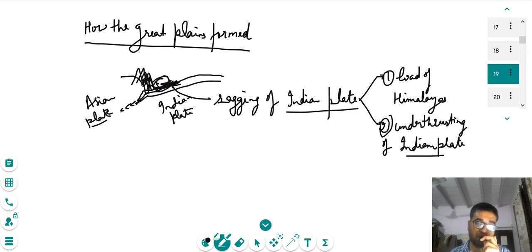Now what happened? The basin was filled by sediments, but the filling of the sediments into this basin happened in two ways, two processes. So the first process, number one, was the filling of this plain by the marine sediments.